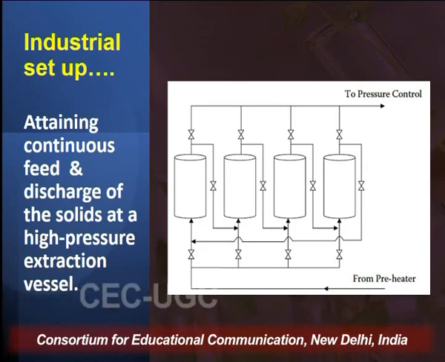In the meantime, the first vessel is emptied and reloaded. When the second extraction is complete, it enters the third, then the fourth, and then it is circulated back into the first vessel. So this is how continuity in the extraction is achieved in an industrial setup of the supercritical fluid process.